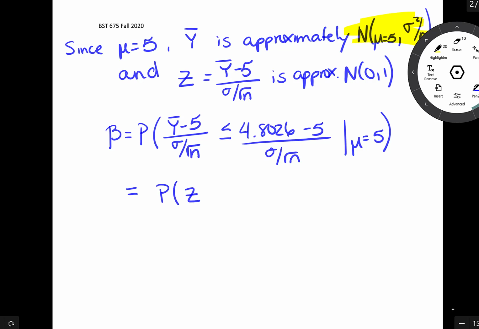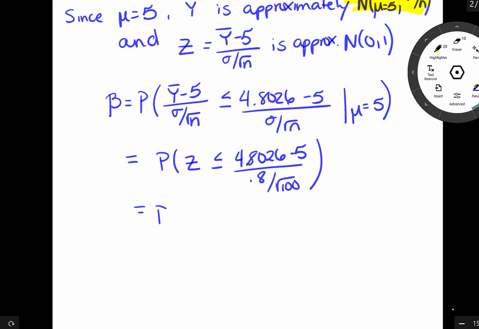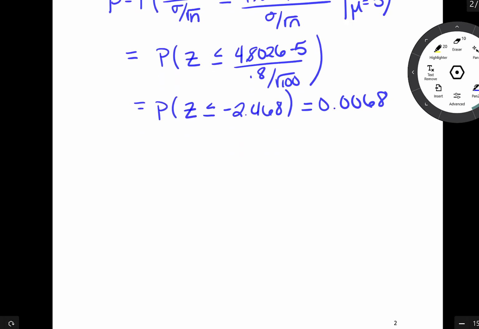So this is equal to the probability that z is less than or equal to 4.8026 minus 5 divided by 0.8 divided by the square root of 100, which in turn is equal to the probability that z is less than or equal to negative 2.468. And again, here we could use R, a calculator, any software that you want to, and we find this is equal to 0.0068. So that is our probability of a type 2 error.